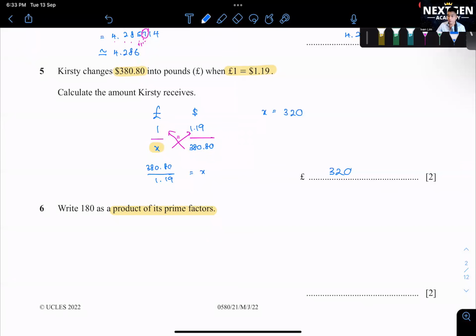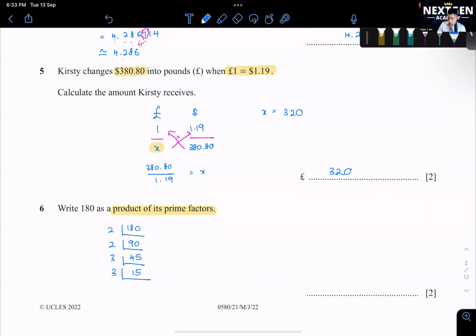For products of prime factors, you can just keep on dividing, or you can literally type in your calculator all your prime numbers. So you keep dividing like this. 180 divided by 2, you get 90. 90 divided by 2, you get 45. 45 divided by 3, you get 15.